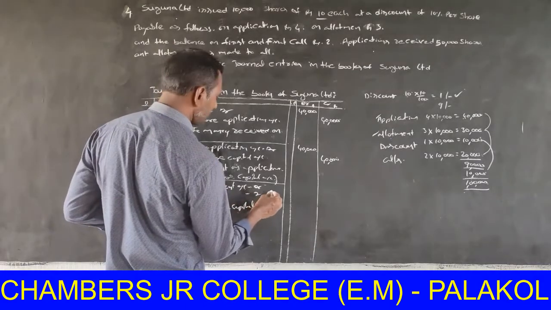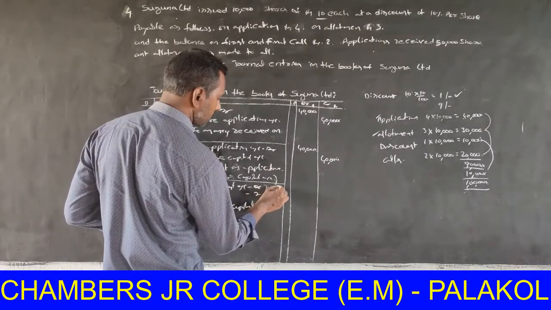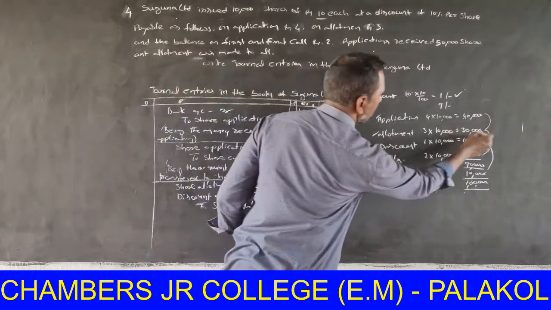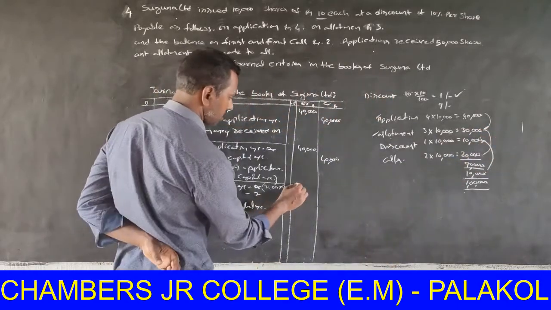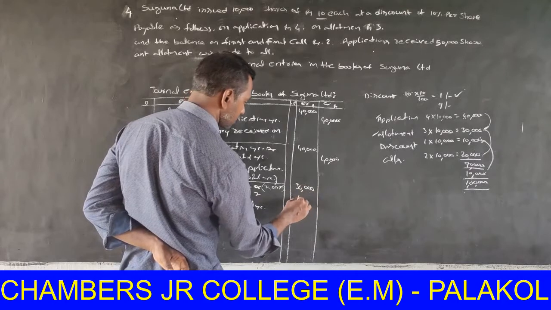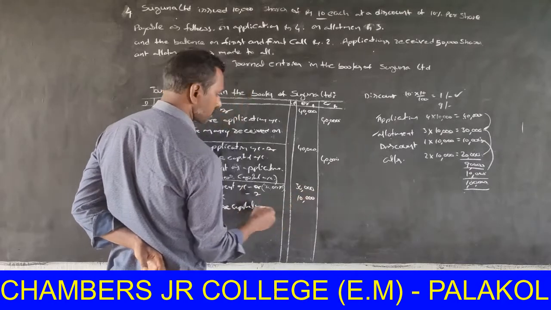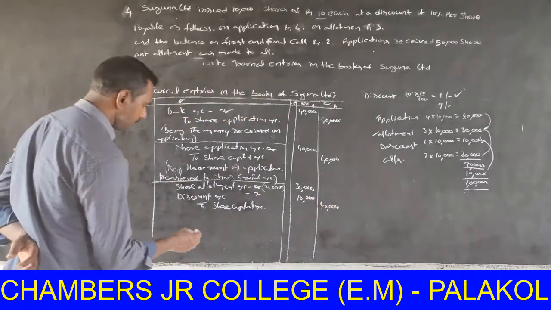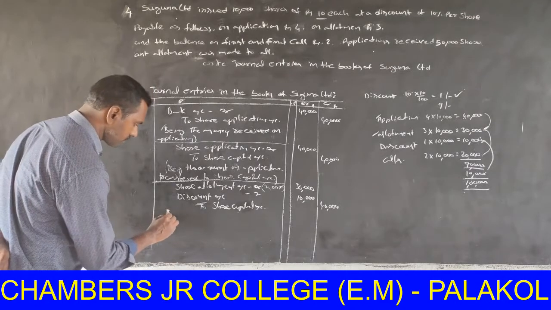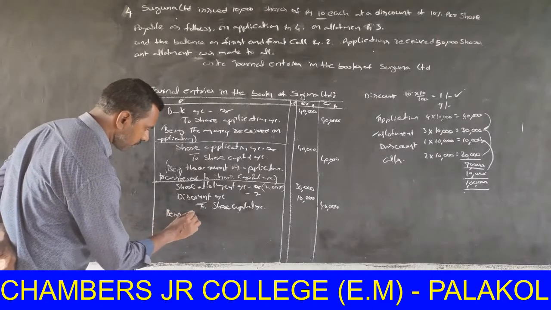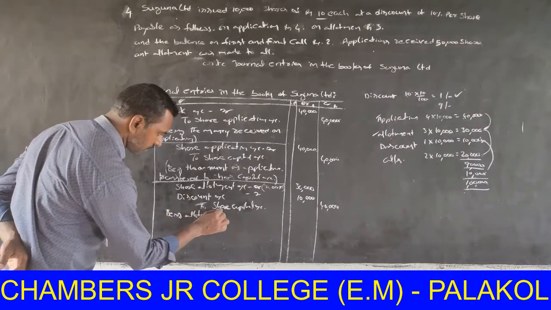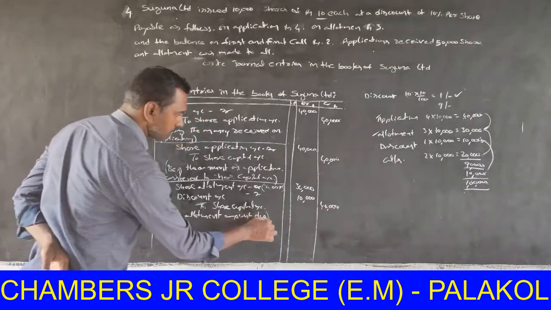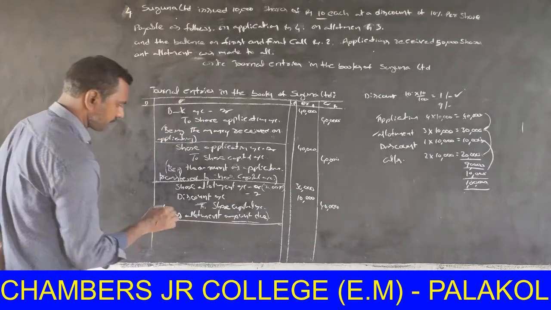Here the share allotment is 10,000 into 3, that is 30,000, and discount 10,000. 30,000 and discount 10,000. Now in credit, share capital 40,000. Being allotment amount due.